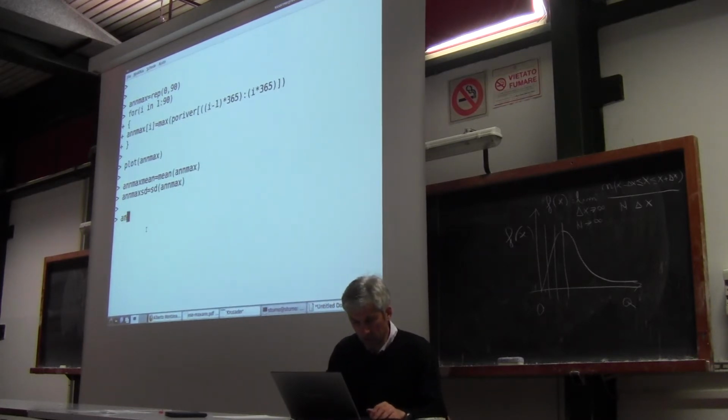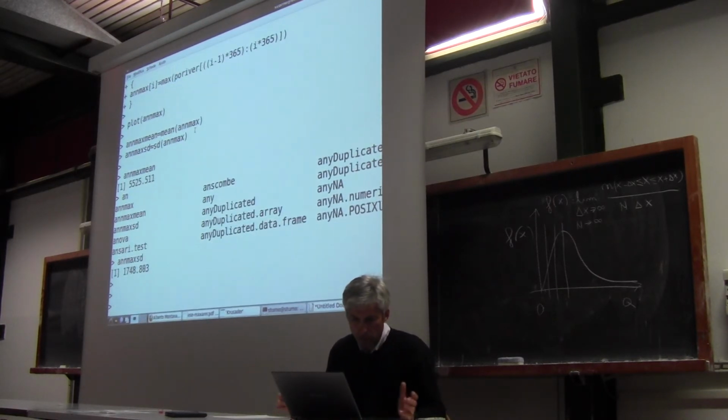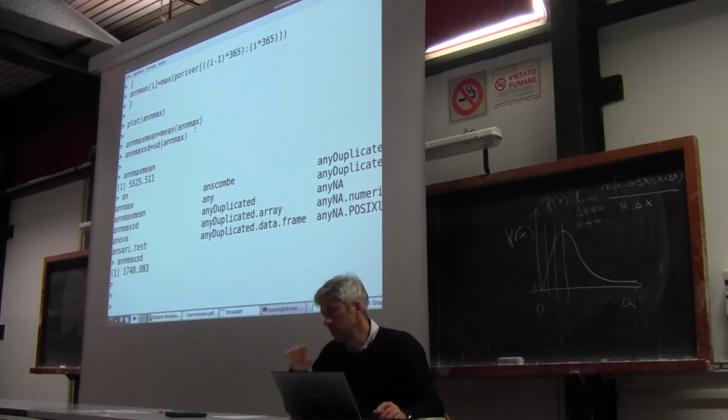Okay, let's see the result. The mean is 5,000 and the standard deviation is 1,700. Okay, good. Now we need to compute mu and beta.